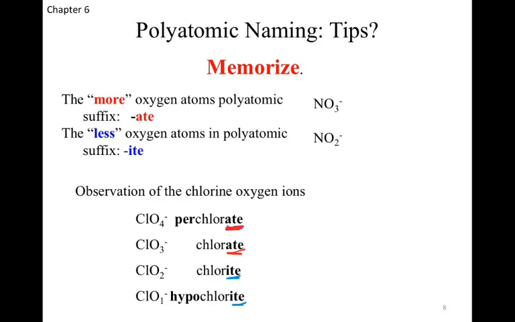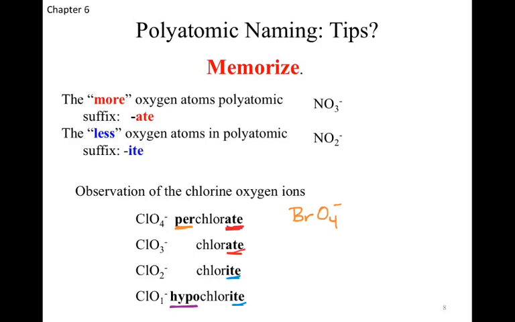We have to go above and beyond just the ate-ite difference. That difference is going to come in with the use of the word per, for having a whole lot of oxygens, versus the hypo, meaning we have as few as we can possibly put in. Okay?